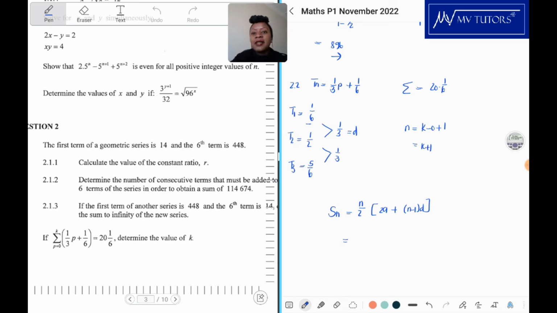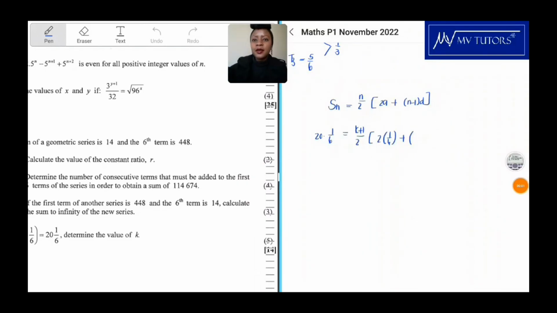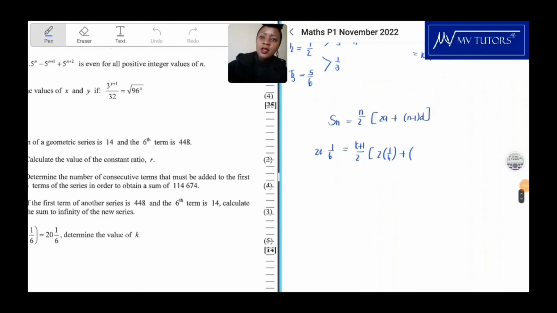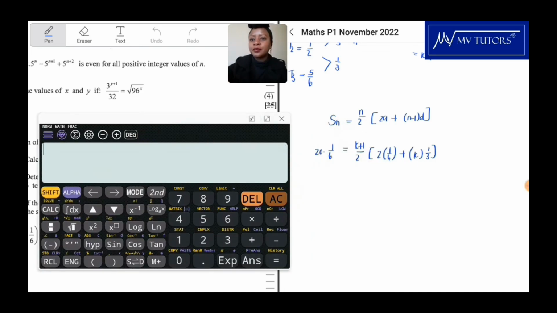So now we have k plus 1 over 2. Our first term is 1 over 6. So n, remember, is k plus 1, so we have k plus 1 minus 1. So we just have k. And d, we established that it's a third. We have a whole lot going on here. So we have a mixed fraction, right? If we're going to change this mixed fraction into an improper fraction, let's see what we can do.